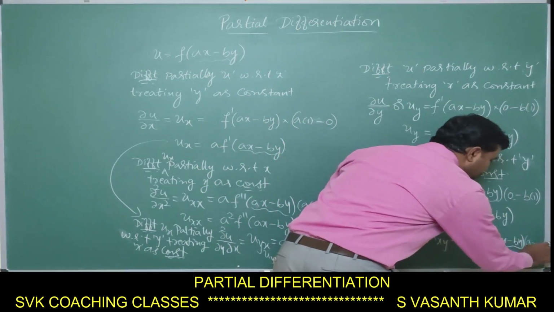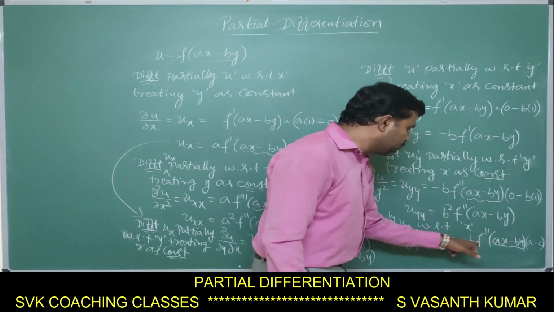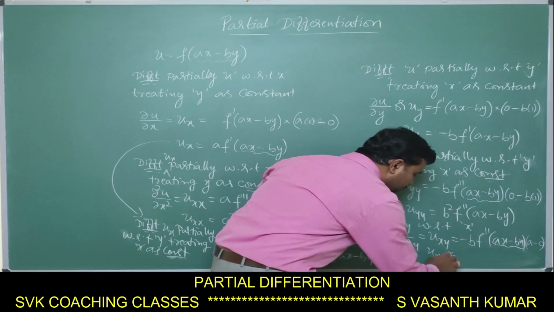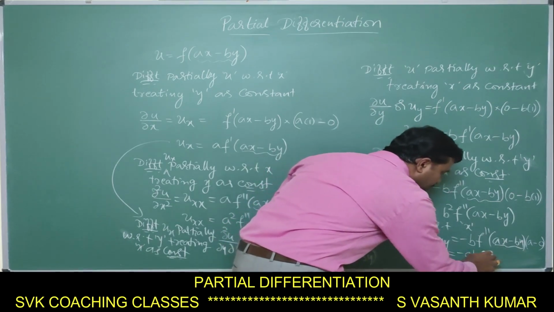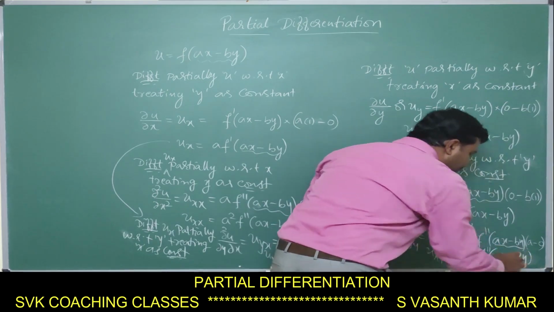So it is a minus 0, which is a, and a into minus b is minus ab. Therefore uxy is equal to minus ab into f double dash of ax minus by.